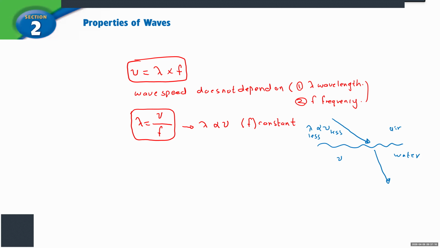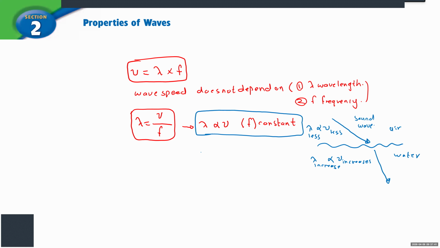When it passes through the water, wave speed increases, and lambda also increases. This is for sound wave, and this relation also uses for the wave passes through two different medium.